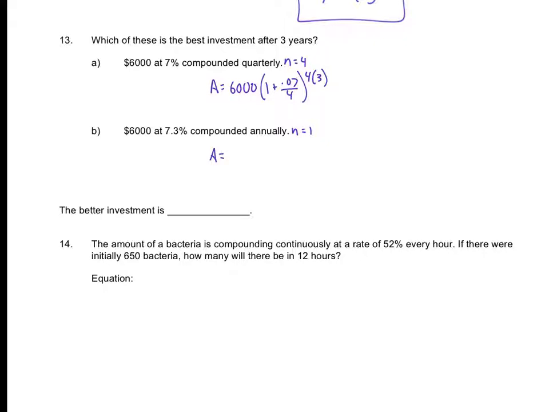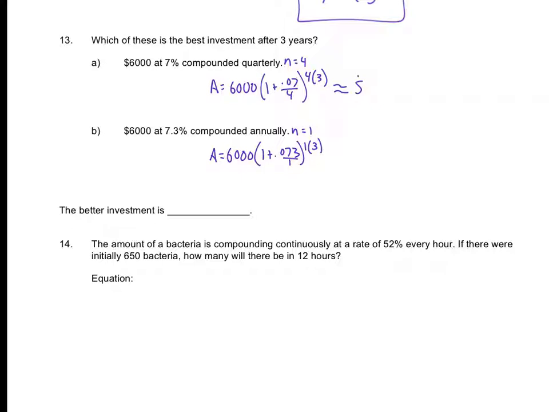The second one, we've got a equals 6,000 times 1 plus 0.073, since we've got a 7.3% interest rate. Since n is 1, we don't have to worry about that. If you want to write that down there, it would be 1 and then 1 times 3.